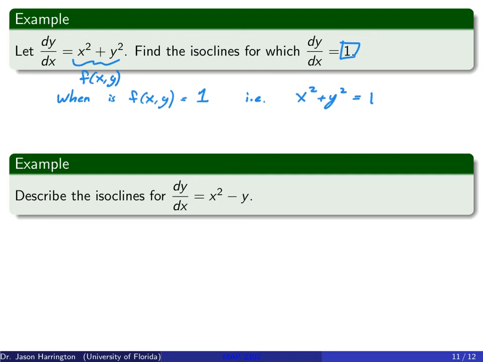So if I were to look at this in the directional field, I have x and I have y. I'm going to have this circle of radius 1 at the origin. That's a circle, in case I can't draw one very well. So what does this mean exactly?